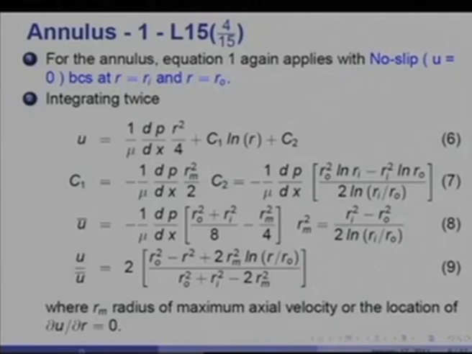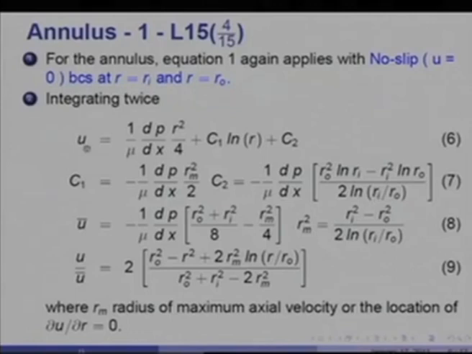If I integrate equation 1 twice, I would get 2 constants of integration, C1 and C2, and applying these boundary conditions would give me C1 equal to that, C2 equal to that.